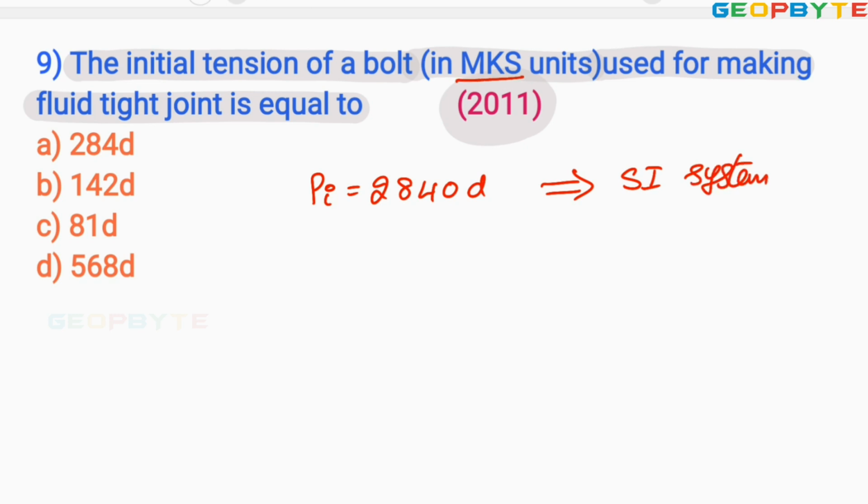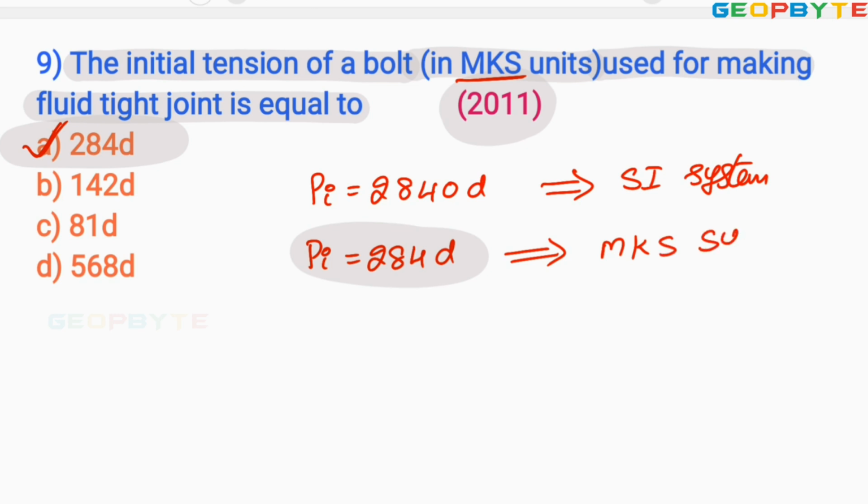Whereas in MKS system, the problem is asked for MKS system. With MKS system, the initial tension Pi equal to 284 D. Therefore, option A itself is absolutely correct. It is with the MKS system. I hope you got my point.